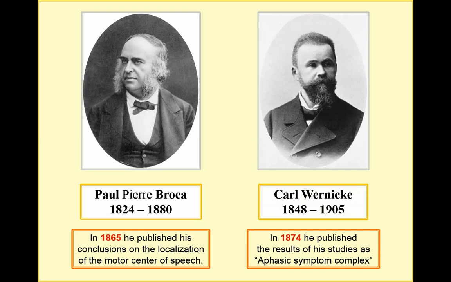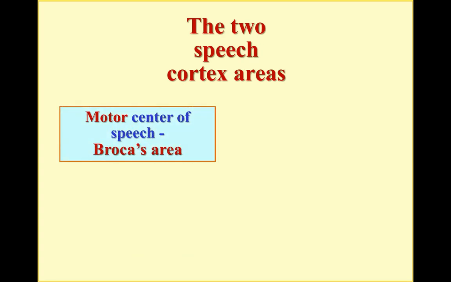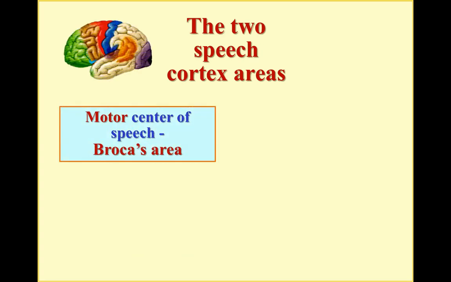But these two types, studied by Paul Broca and by Carl Wernicke, are two opposite cases of aphasia, motor and sensory. Now we are going to consider the centers of Broca and Wernicke, the motor center of speech and the sensory center of speech. The motor center of speech, Broca's area, is located in the frontal lobe, adjacent to the primary motor cortex that controls vocalization.